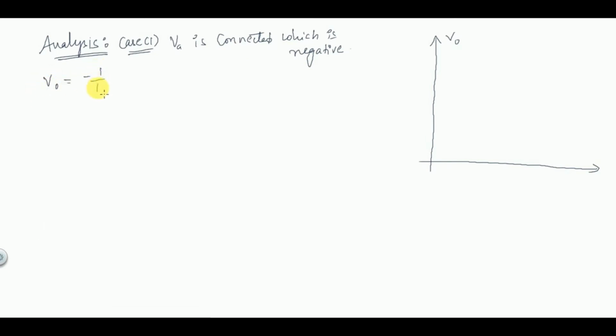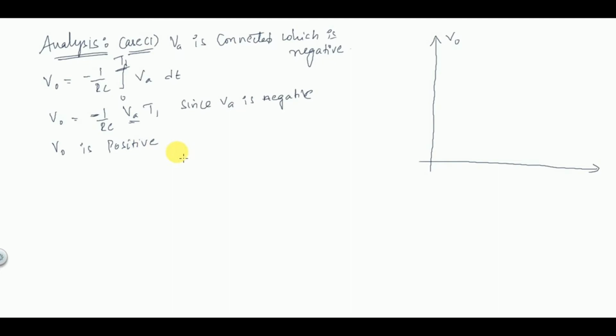V0 is equal to minus 1 by RC integral 0 to T1 VA dt. That means up to time T1, this VA is connected to the integrator. So V0 is equal to minus 1 by RC VA into T1. Since VA is negative, minus into negative becomes positive, so V0 is positive.